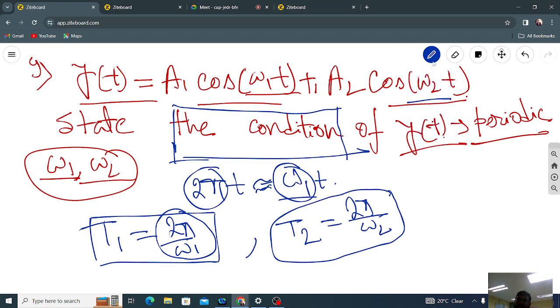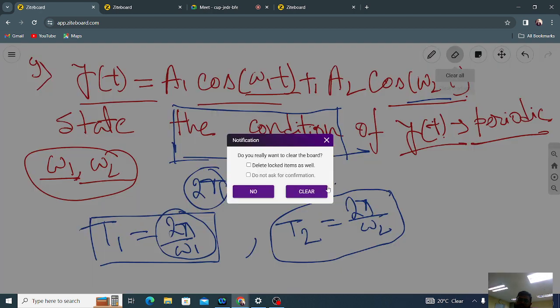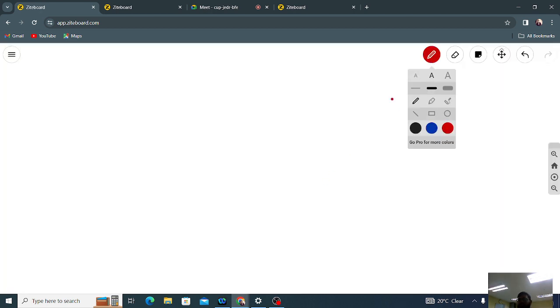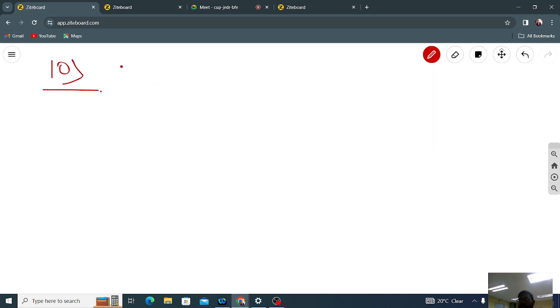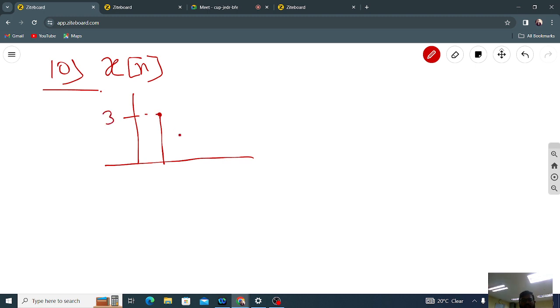The last question. Again I am giving you two different waveforms. First one is x of n, a discrete time signal, that is taking a value 3 at 1 and taking a value 1 at the particular instance 3.